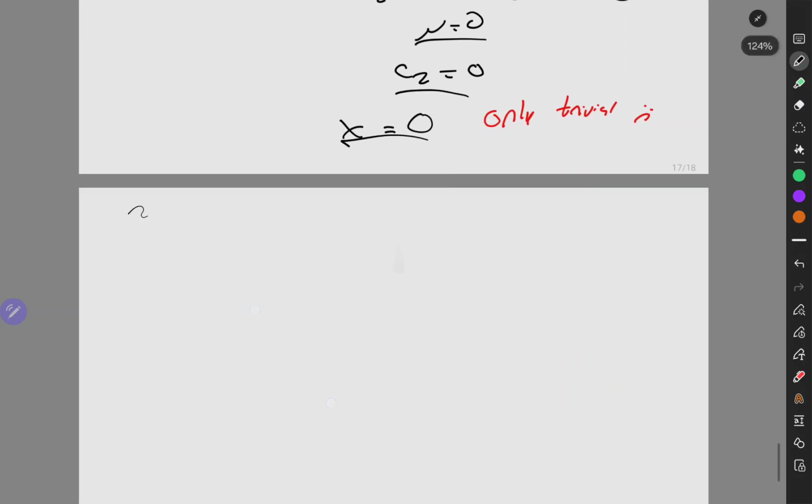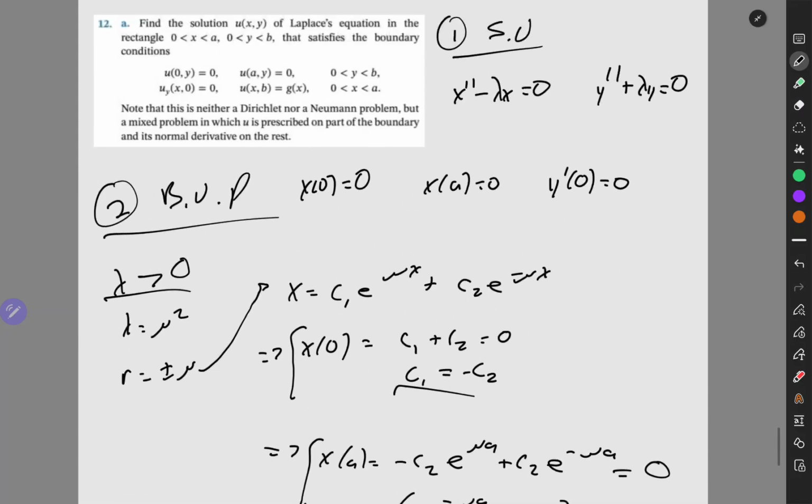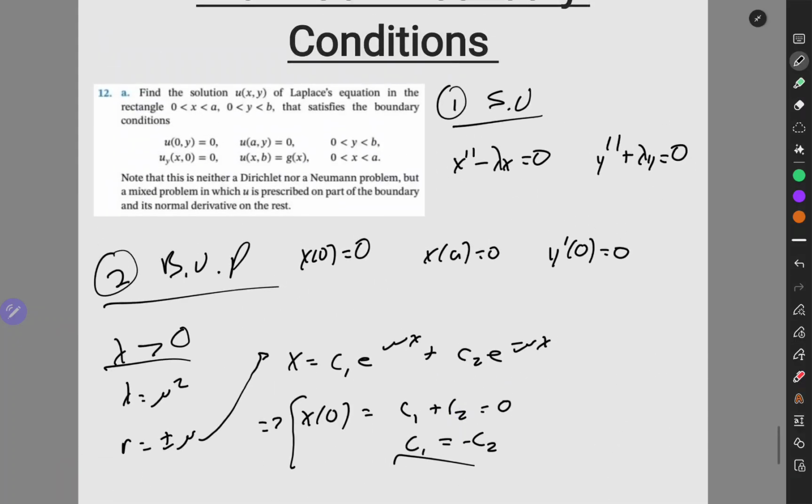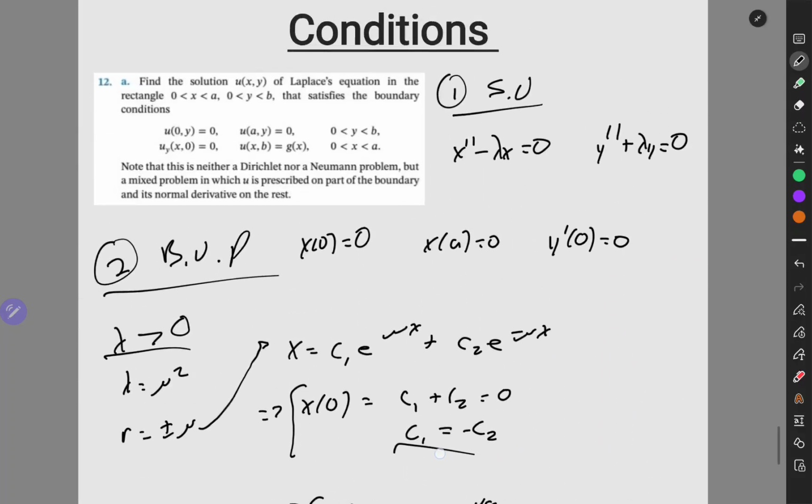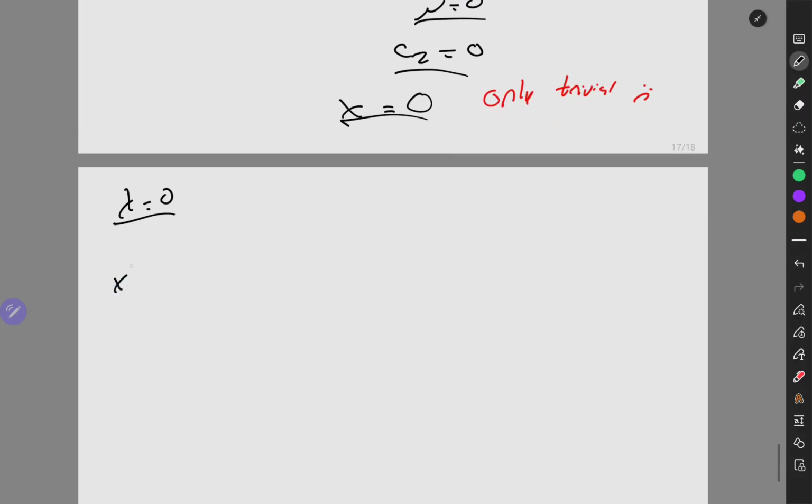Next case. This one's also going to be only trivial. So we have our repeated roots.